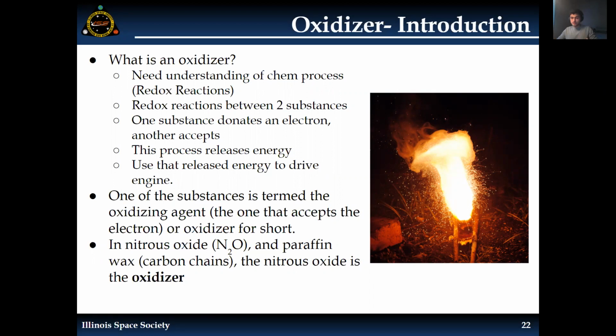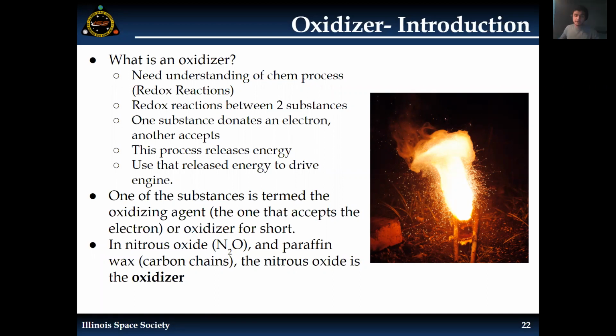For this part of the presentation, I want you to keep three chem terms in mind. We need to understand what a redox reaction is, or reduction-oxidation reaction, vapor pressure, and a mixture.